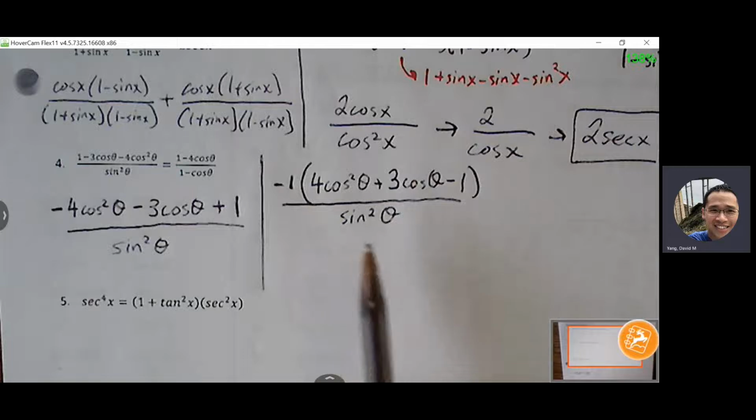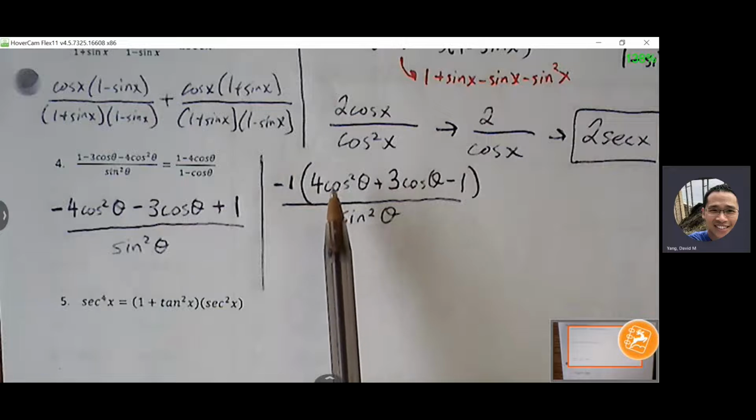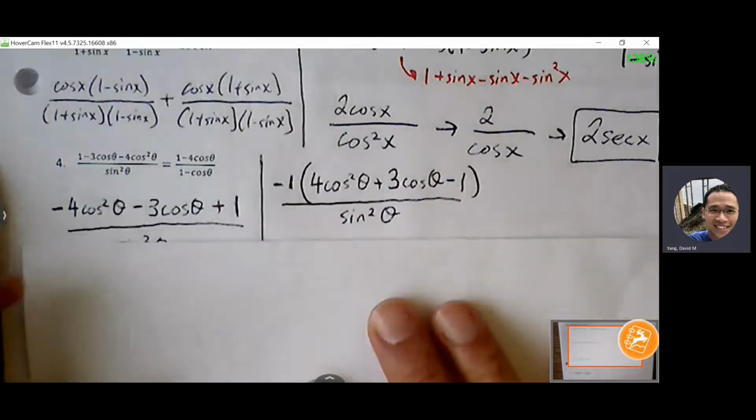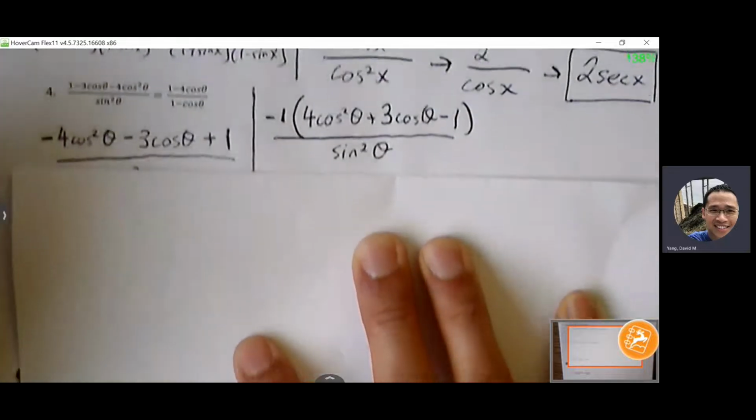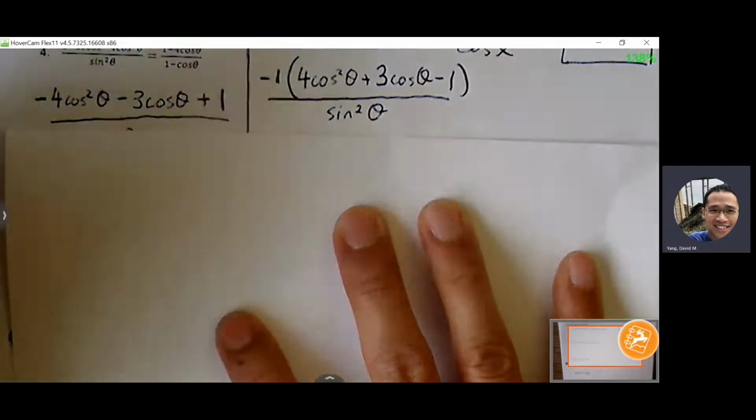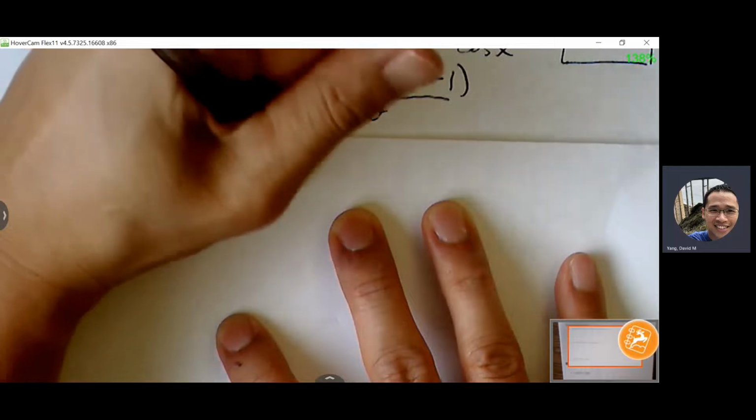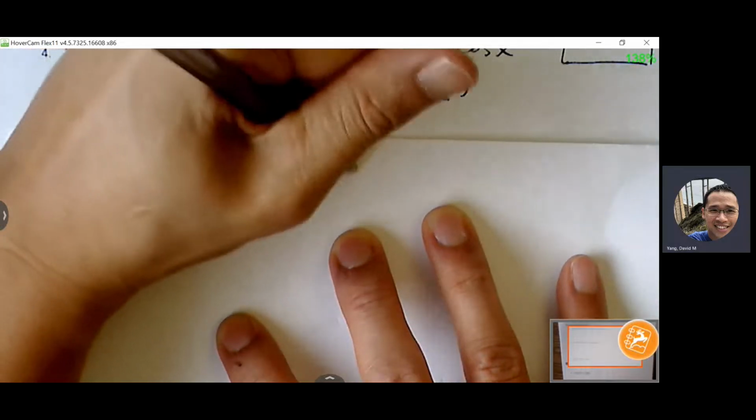Okay. I know factoring in trig function feels a little intimidating, so why don't we just pretend like it's an easier problem? Why don't we think of it as, okay, can I factor 4x squared plus 3x minus 1? If you need to see me do that first, and then you can replace cosine in for x, you can. So let's just do an easier problem.